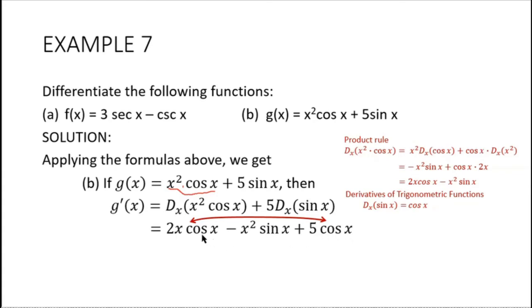We can combine them because they have a common factor of cosine x. When we combine them, with cosine x as the common factor, it becomes 2x plus 5, times cosine x. Then, just bring down the minus x squared sin x. And that's it. This is our final answer.